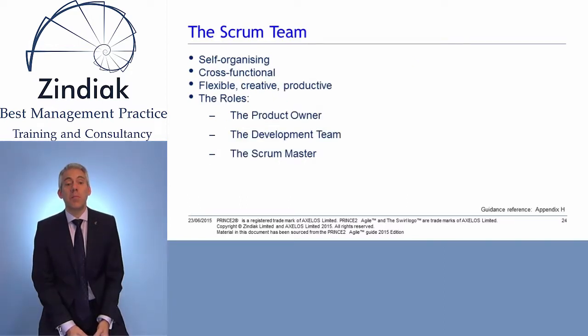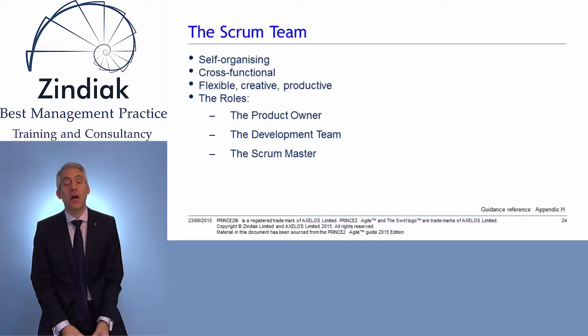The Scrum team is self-organising, cross-functional, flexible, creative, productive. There are only 3 roles on the Scrum team: the product owner, the development team, and the Scrum Master. The product owner is effectively the representative of the business.